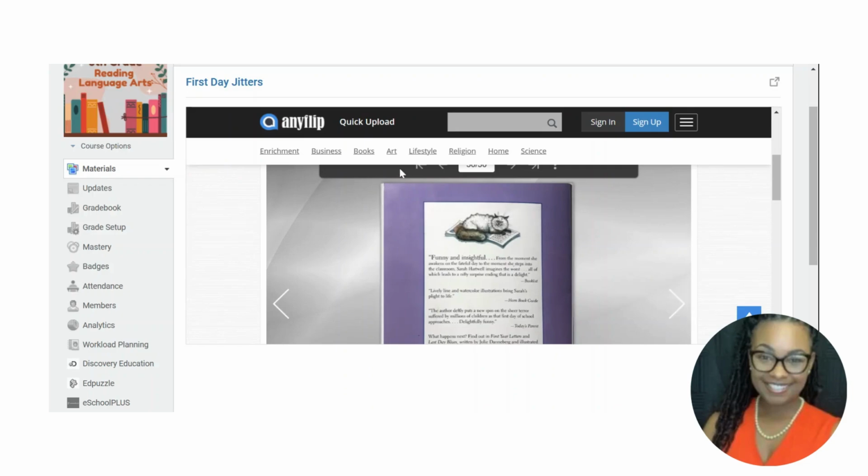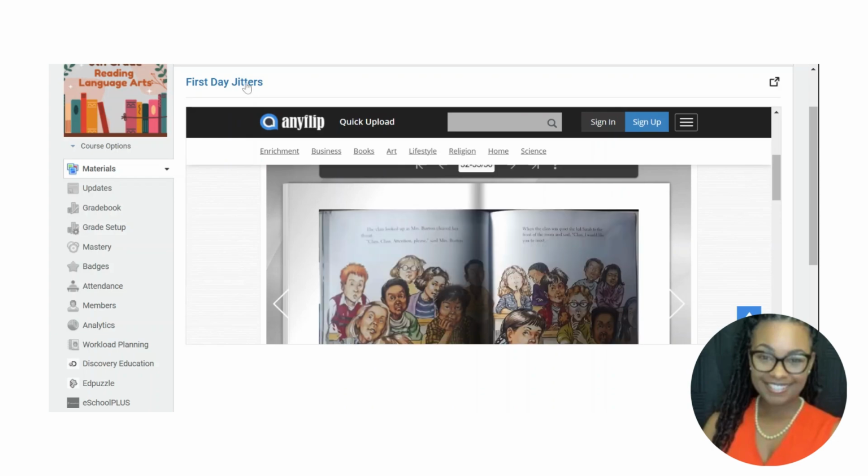A lot of the time, students don't have the opportunity to go to the library in the district. However, whenever you are using technology and a learning management system such as Schoology, you have the opportunity to provide them with the necessary text that they need in order to be successful in your classroom.